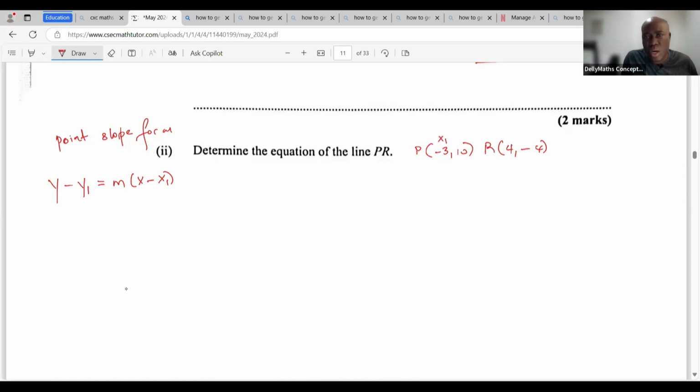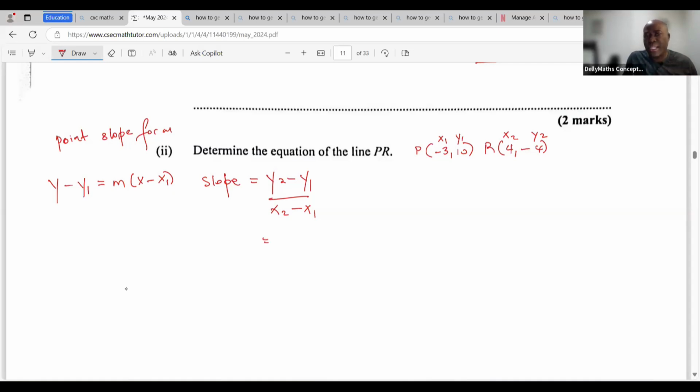Remember, x1, y1, x2, y2. We can find our slope by using the formula y2 minus y1 over x2 minus x1. This is rise over run, vertical over horizontal.